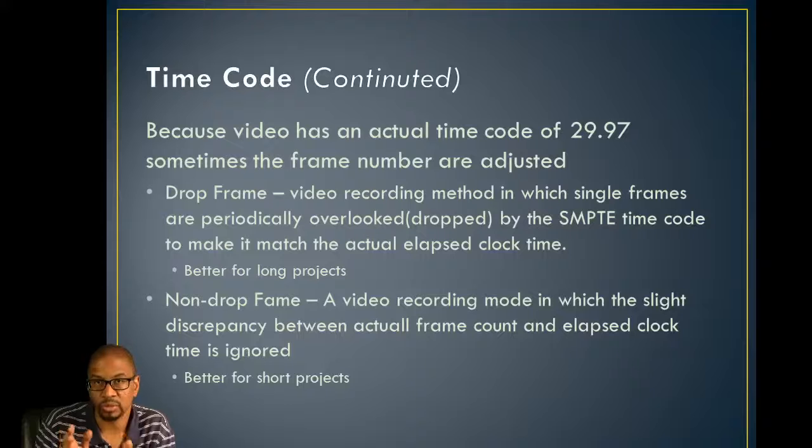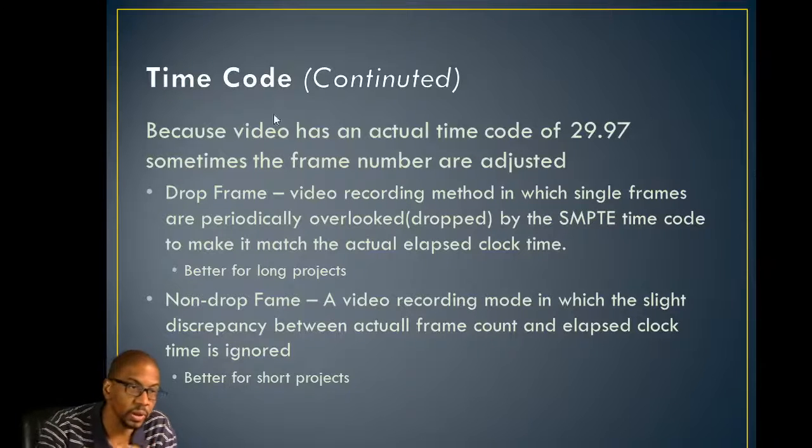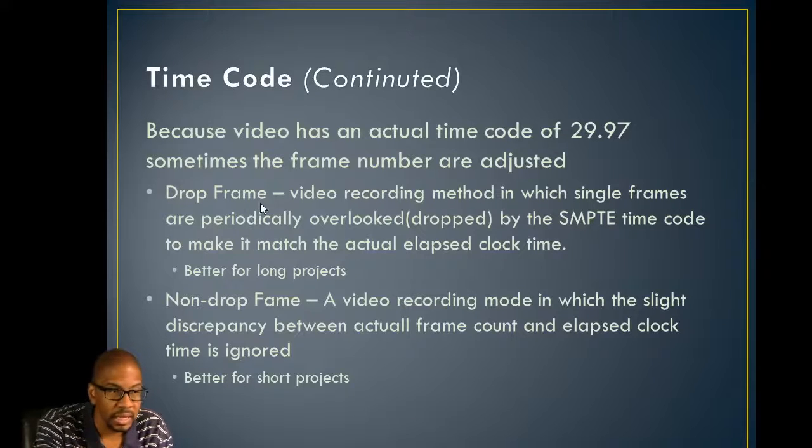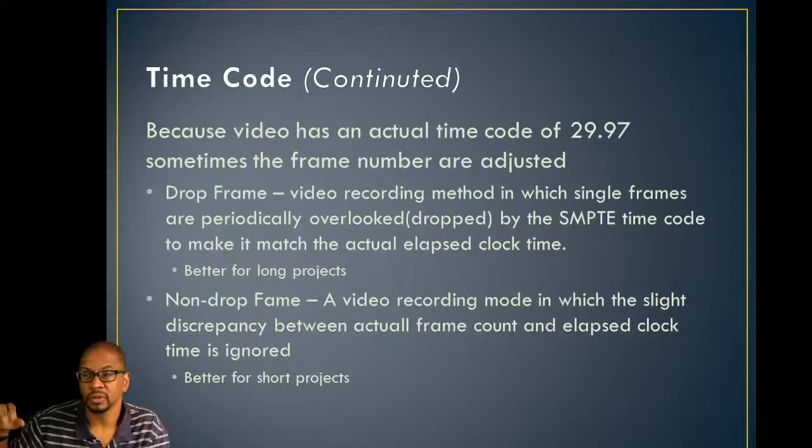Say you're working with 2 cameras in a multi-camera shoot, and you need to cut from one camera to the other seamlessly. If one camera is using drop frame and the other isn't, then the further in time you go, the further those 2 videos are going to be out of sync.